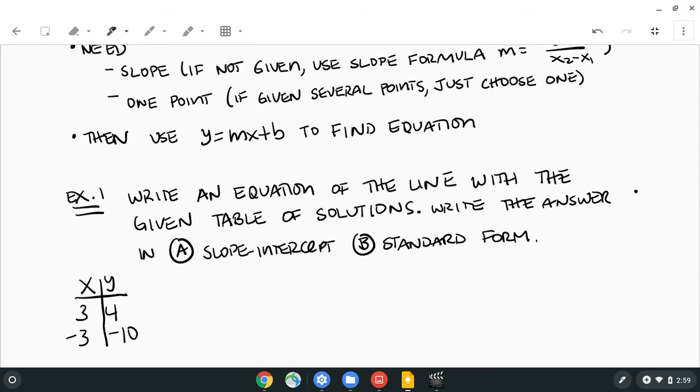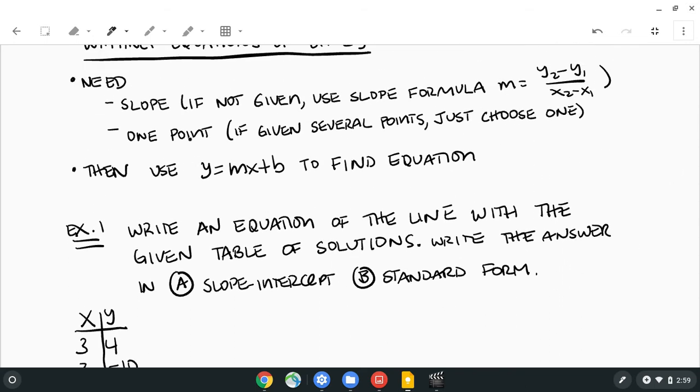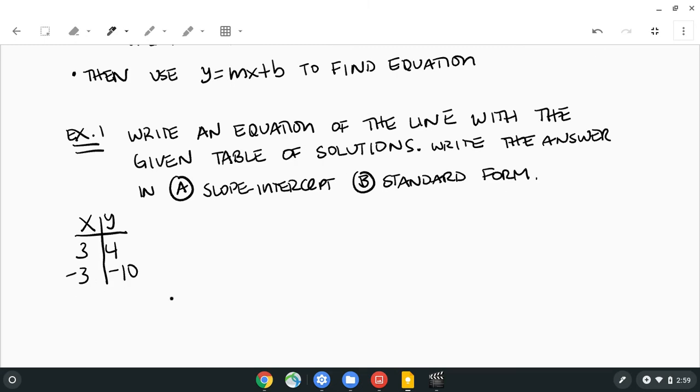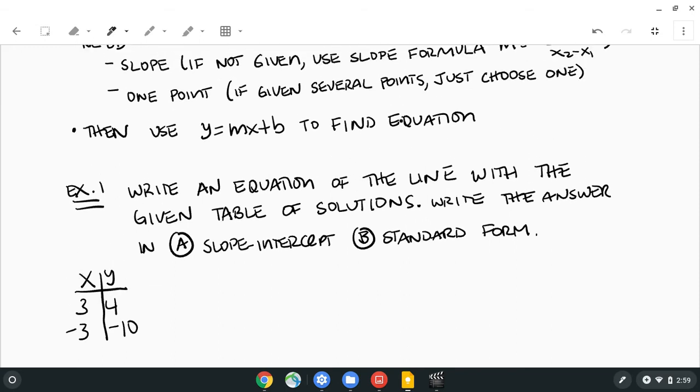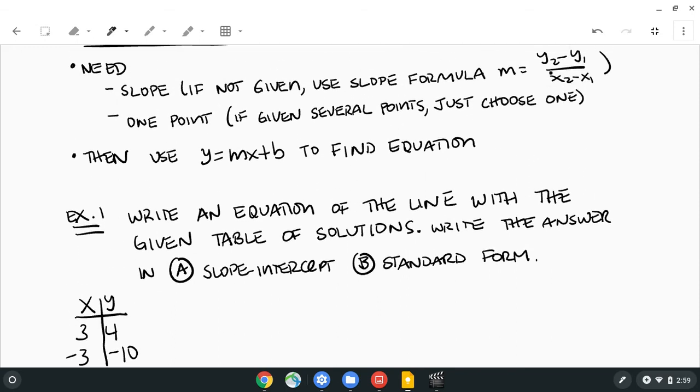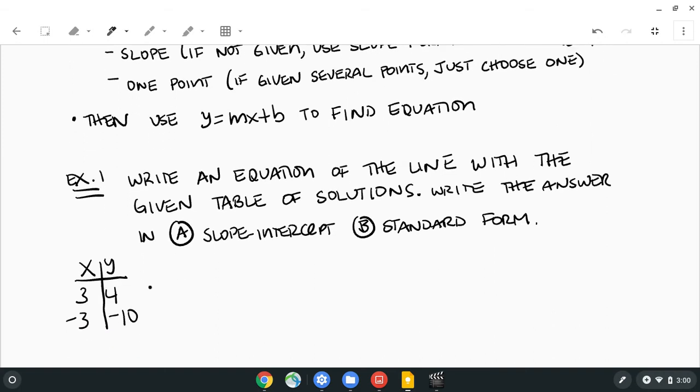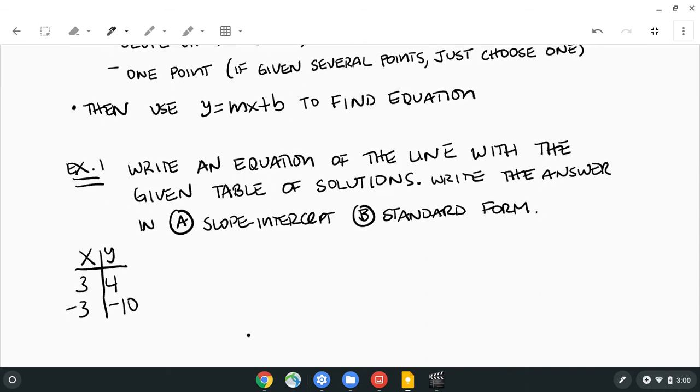It says here we need the slope and we need 1 point. We have 2 points, so we're good there, but we do need the slope. If we're not given the slope, then we'll use this slope formula, y2 minus y1 over x2 minus x1. We already have 1 point; we have 2 to choose from, and we can just choose one of them.